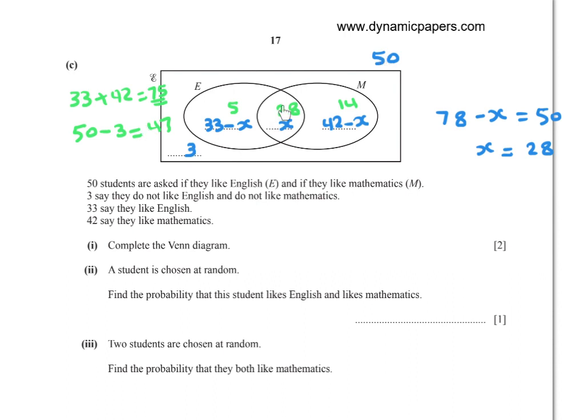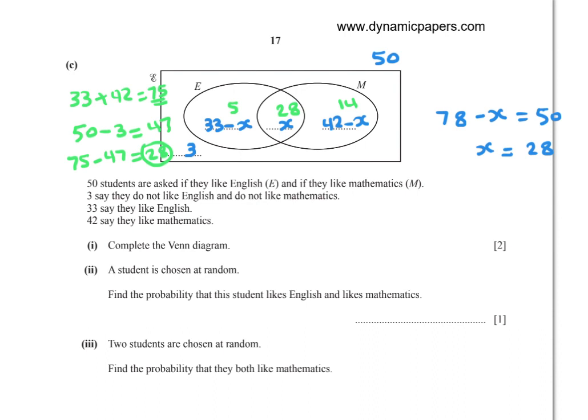So to find the repeated, the common between English and math, just subtract 75 minus 47. 75 minus 47 equals 28. Now this number is 28, then you can find that number 33 minus 28, which is 5. You can find that number 42 minus 28, which is 14. This is the other way to find the numbers in the Venn diagram.